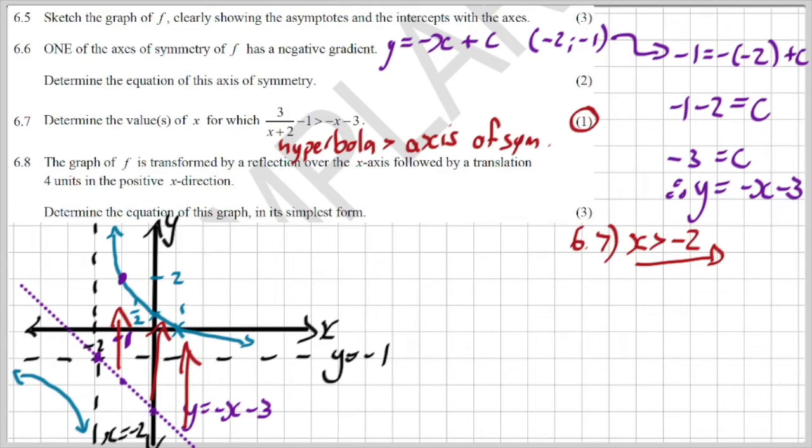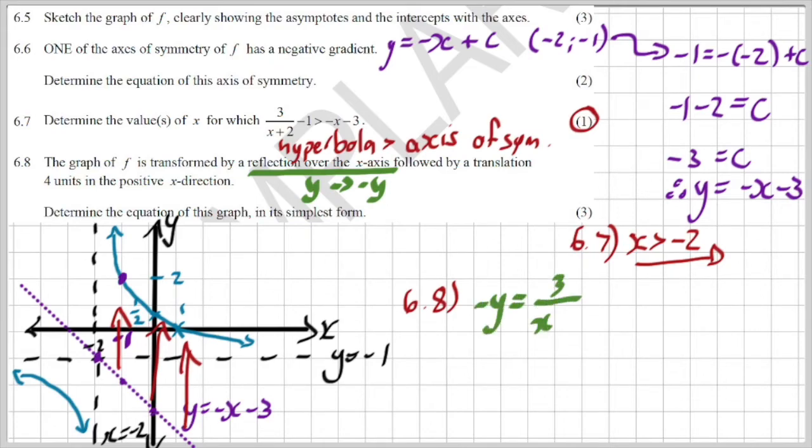Now 6.8 is a very, very easy but very important sum for you because it's 3 marks if you know how to do it. So if I look at 6.8, the graph of f is transformed by reflection over the x-axis. Okay, that's important. That means that I'm going to replace y with negative y.